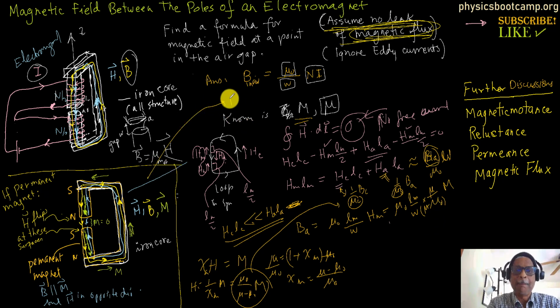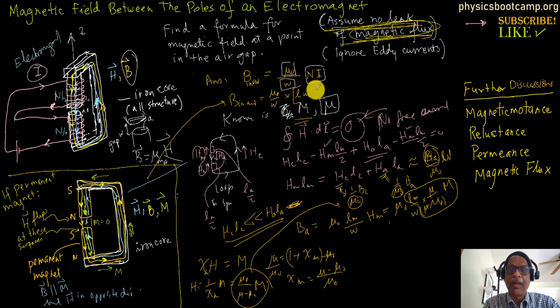And so for this case, B in air is mu naught over W, and then we have this entire thing, which is kind of interesting: L_M and M divided by mu minus mu 0, times mu.